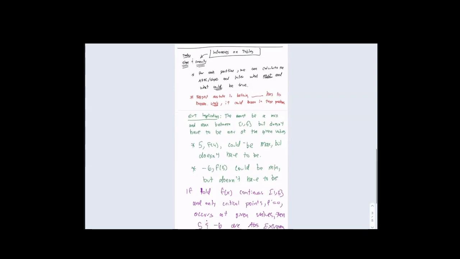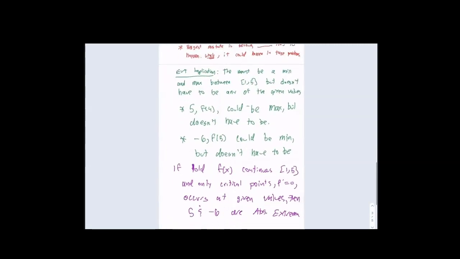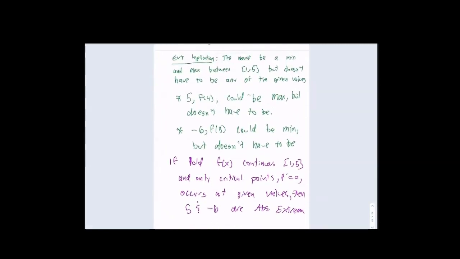Okay, so it's a lot of playing back and forth. What happens a lot in these problems is they just give you table values and they'll just say continuity, or they'll say twice differentiable, which means continuous. And what we need to know is that EVT doesn't necessarily apply to those values unless I told you that those were the only critical points, the only values where the derivative was equal to 0.